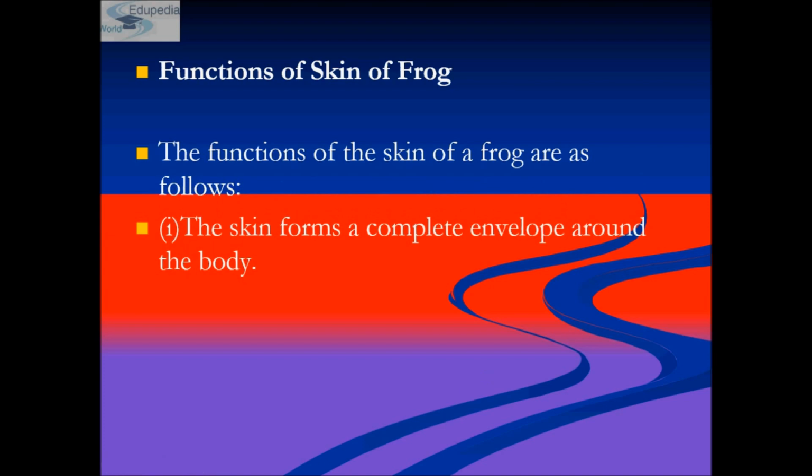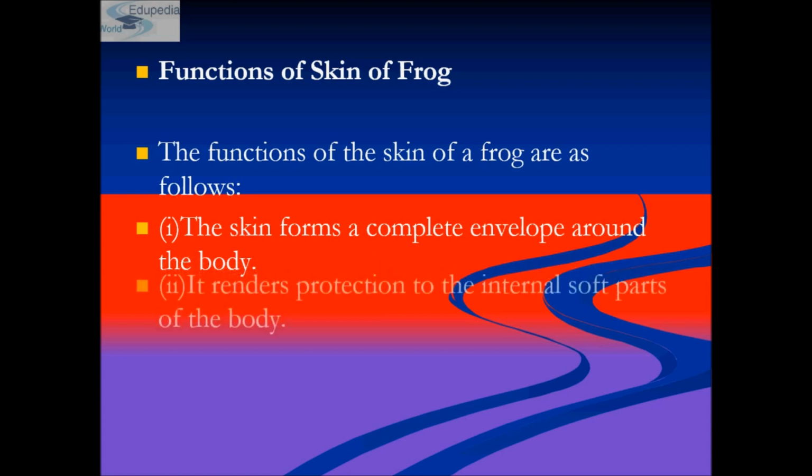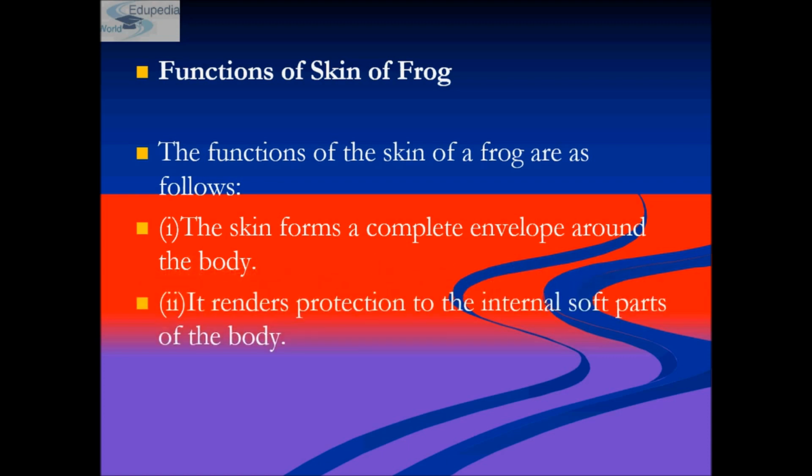First, the skin forms a complete envelope around the body, outside the body. It gives protection to the internal soft parts of the body.